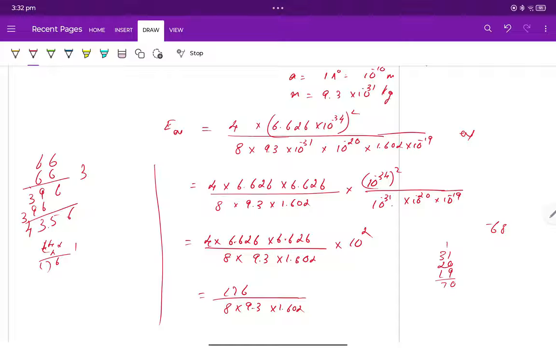176 by 8. So 9.3 into 1.6, you can take it as 1.5.